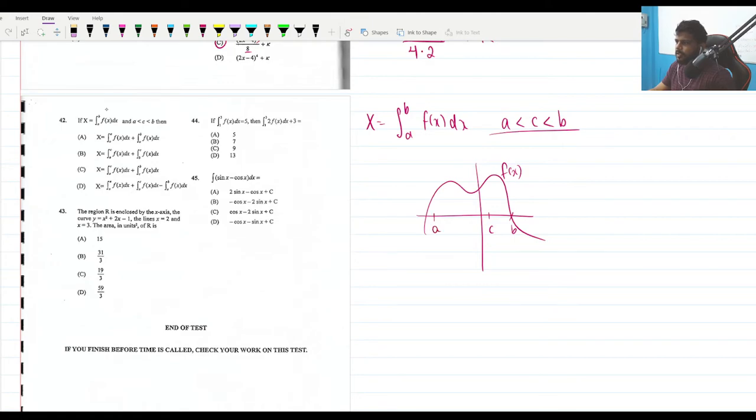I'll put a here. Now, this integral will be the integral from here. I'm going to put b a little bit inside, just so we can get a feel for how the integration piece looks. So this here, that's x. But in the options, they break up x, including c.